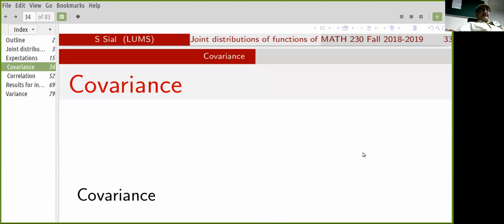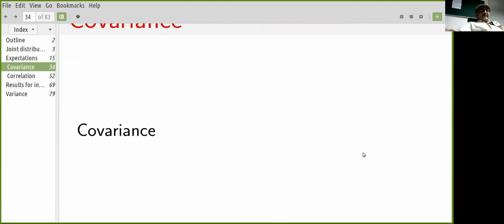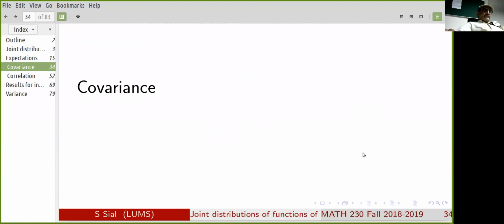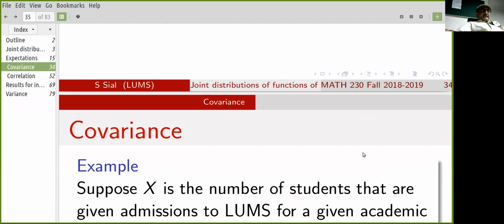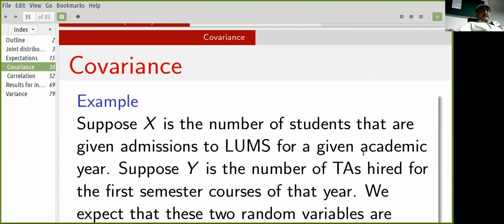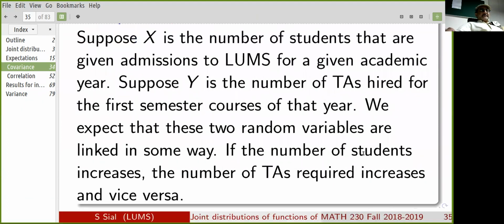Okay. Now we come to the covariance. So an example of a covariance. Supposing X is the number of students that are admitted to LUMS, they're going to come to LUMS for a given academic year.